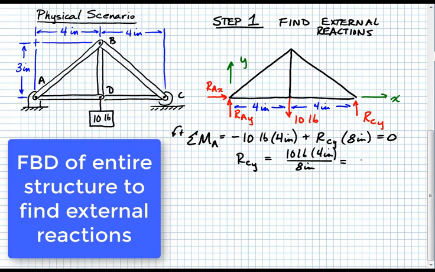This just tells us that the reaction at C in the Y direction is 5 pounds. Now, you might have been able to do that just by inspecting it, but I figured I'd go through the process of finding that reaction. The next part is summing forces in the Y direction.